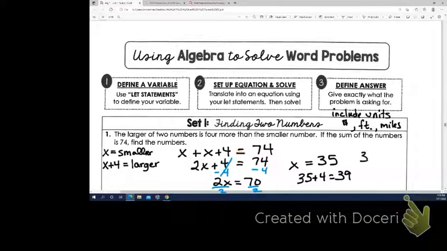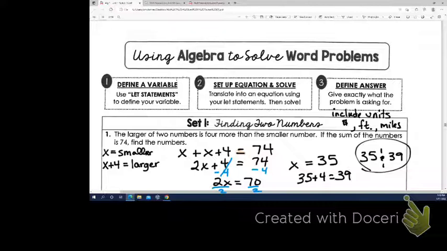So then my final answer is 35 and 39. Now, because they're just numbers, I don't need to give any more units or labeling on that. But I do need to give two numbers, not just the number 35.